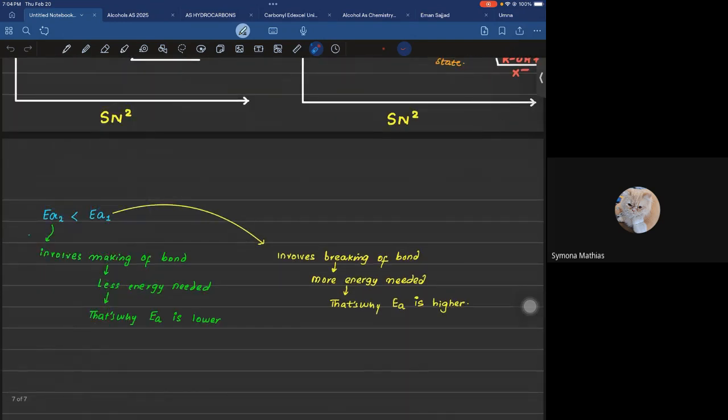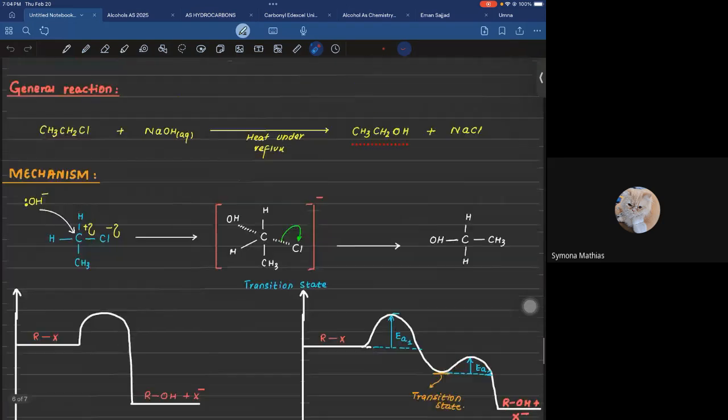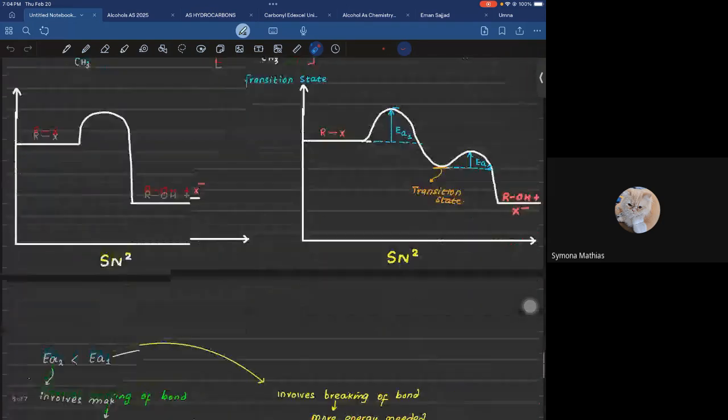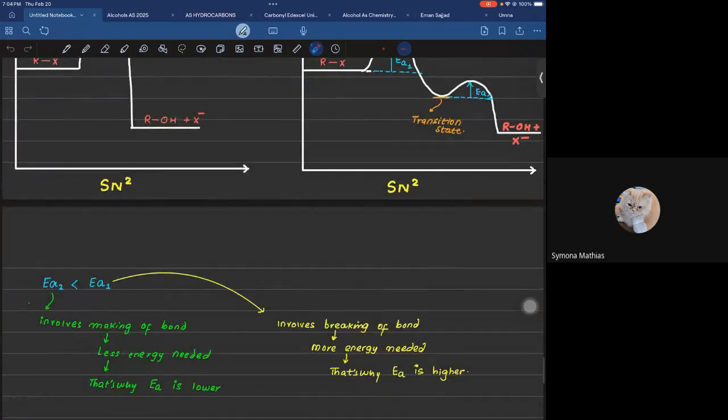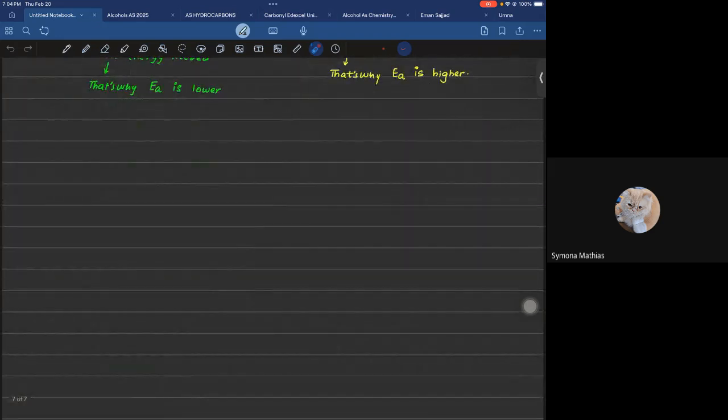I told you the activation energy is higher for the first step in the SN1 mechanism, since bonds are breaking and bond breaking is difficult, so more energy is required. And I told you regarding hydrolysis of halogenoalkane.